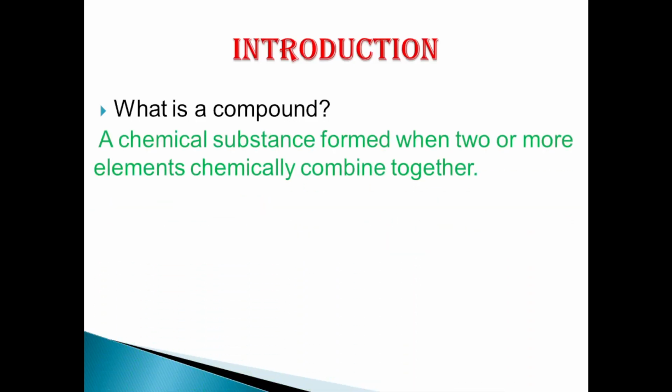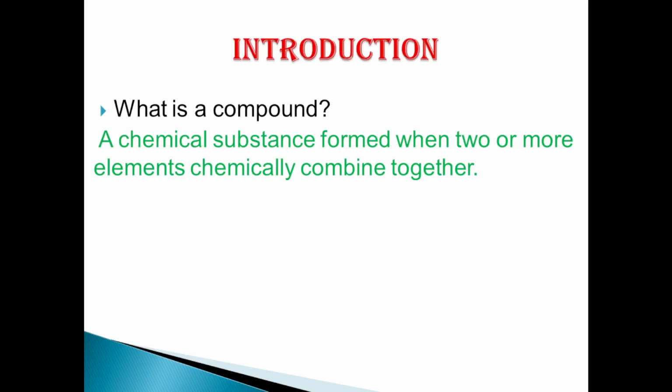A compound is a chemical substance formed when two or more elements chemically combine together, not physically combine together. If two or more elements physically combine together, what is formed is called an alloy, not a compound. So an alloy is a mixture, but a compound is a pure substance.